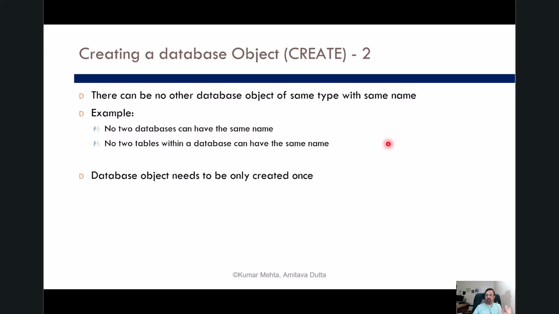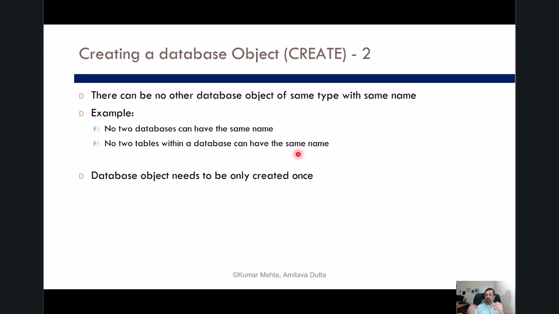Now here are some constraints that you need to follow when naming objects. Two databases cannot have the same name, so there cannot be two databases that have the same name. And within the same database, no two tables can have the same name. Otherwise, it's like having two entities with the same name, and there will be confusion as to which one you're referring to.